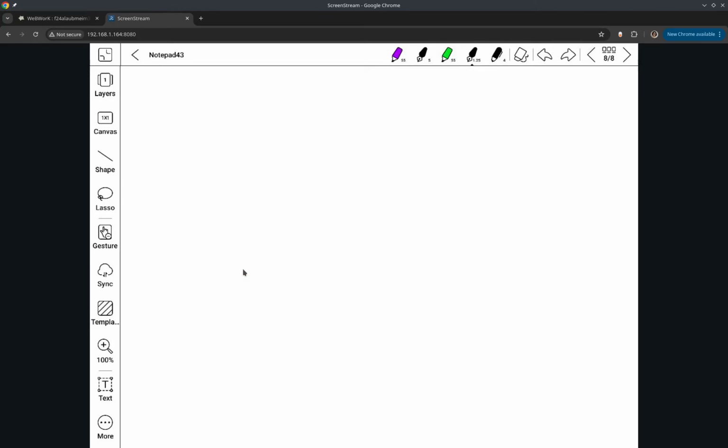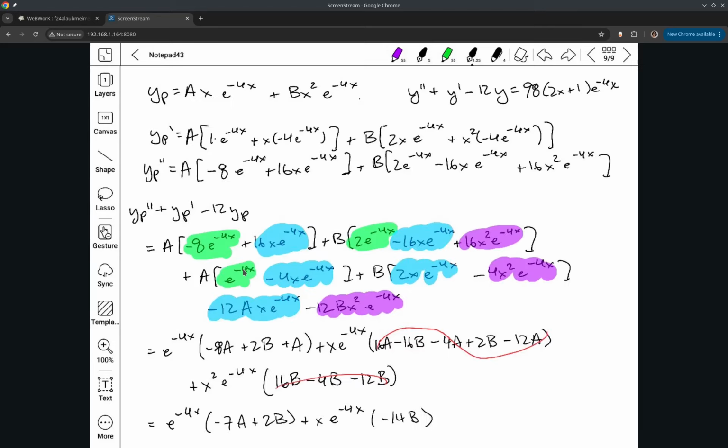I want this all to be equal to 98 times 2x plus 1 e to minus 4x. And then I had minus 8a minus 7a plus 2b.